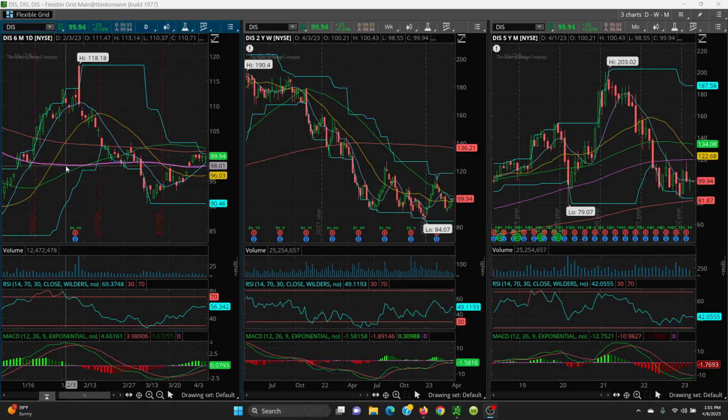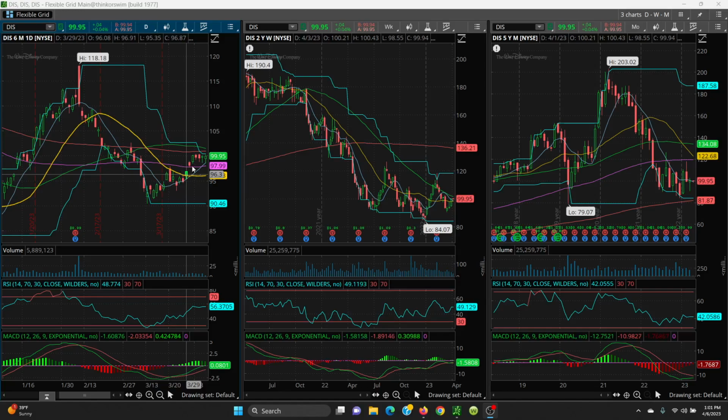You want to watch this 100 SMA on your daily chart, and then your 21 here at 96.03. Now there is a gap here. You can see where the gap is. So your low is 97.67, and your fill here is going to be 96.91.